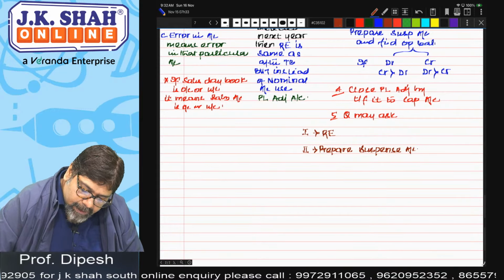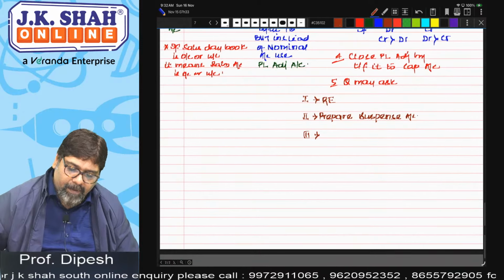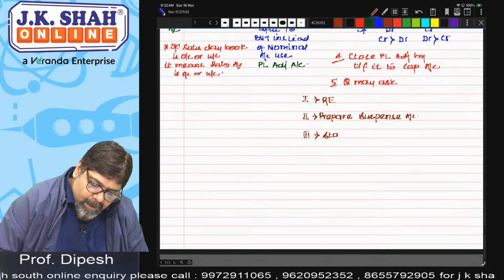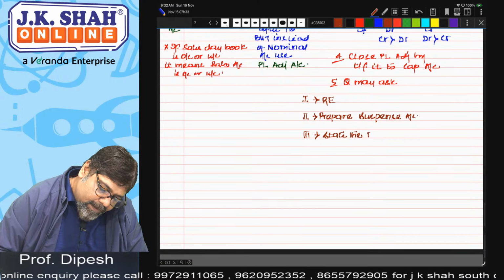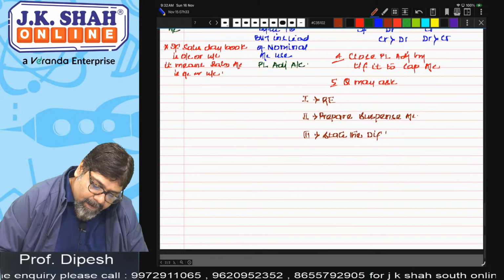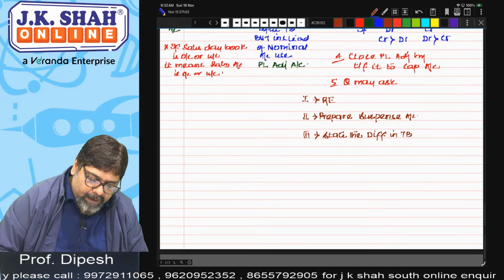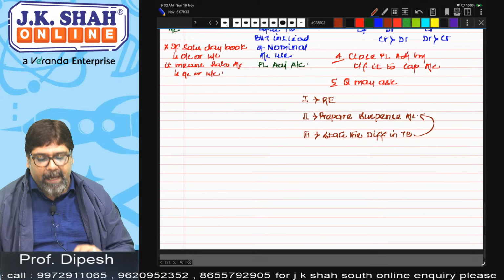Correct? Number 3, they may ask you state the difference in trial balance. That means you're supposed to prepare suspense account and find out the opening balance.